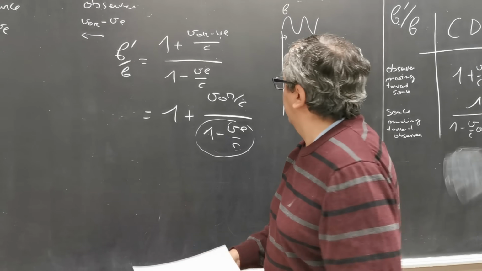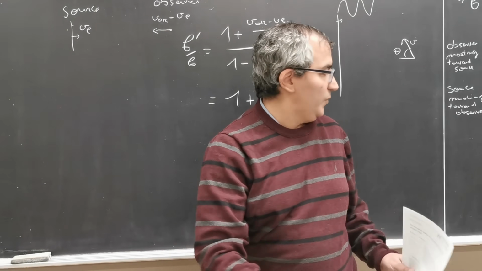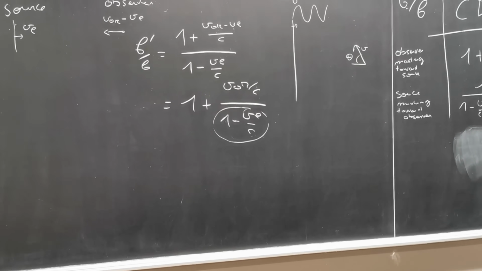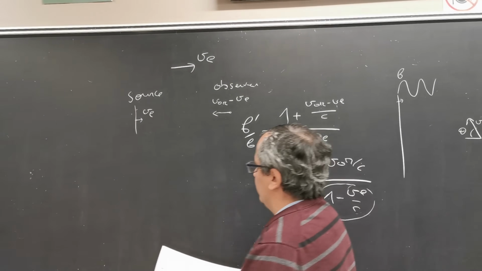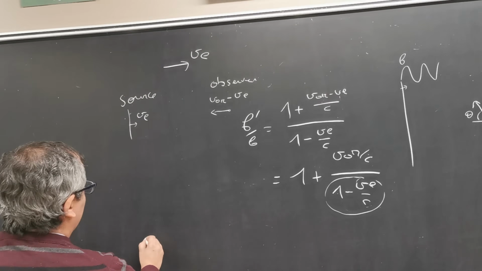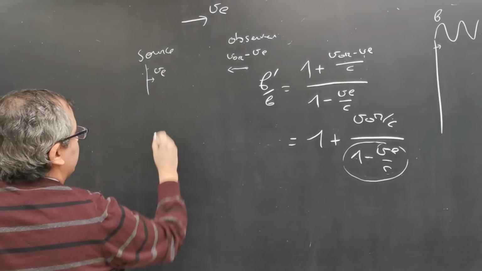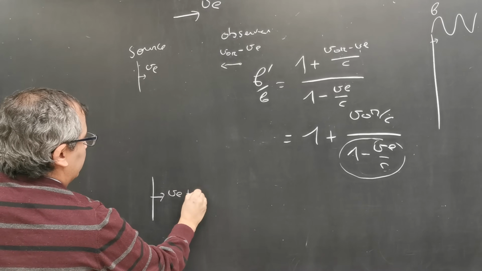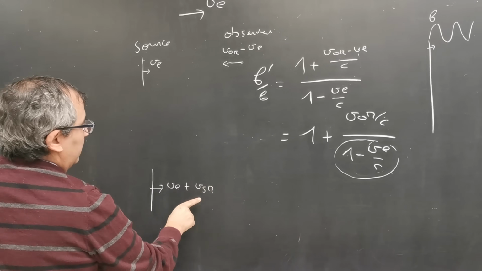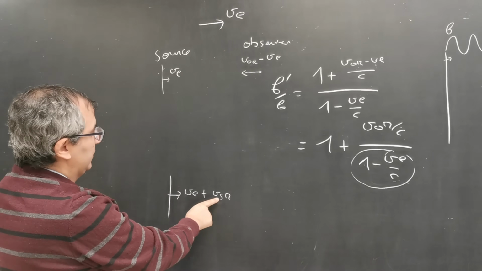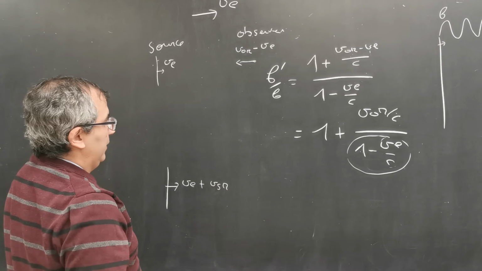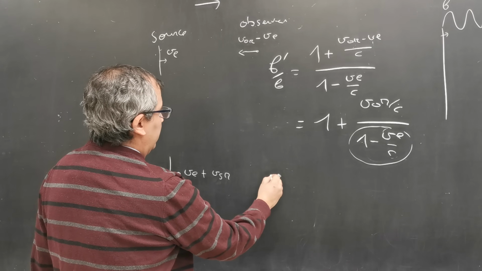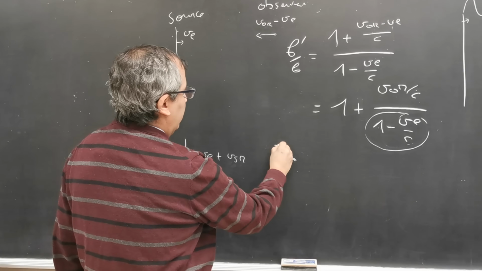If now we consider a moving source, and the system is still moving like this, the source is going to move at VE plus VSR. This is the speed of the source, R is for relative. And the observer here is moving at minus VE.